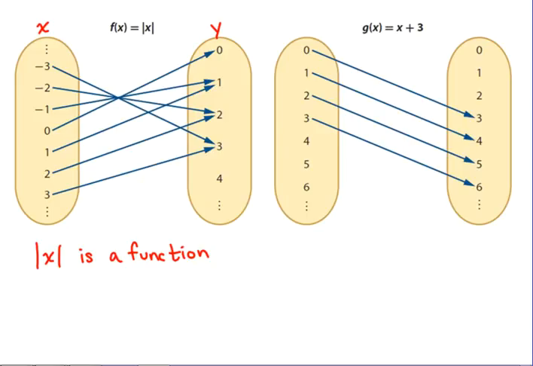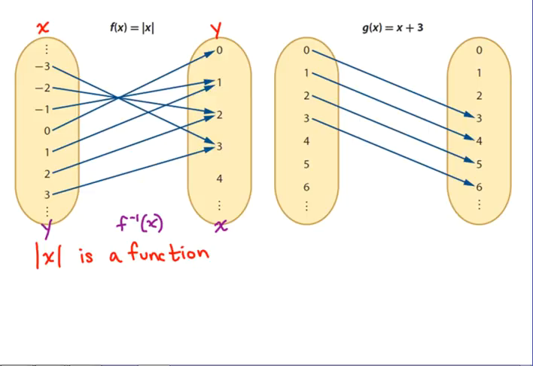Its inverse would switch the x's and y's. So I'm just going to put this right down here. I don't know what the inverse of the absolute value of x is in terms of the formula, but it would switch. So the first bubble over here would be the y values, the second bubble would be the x values.